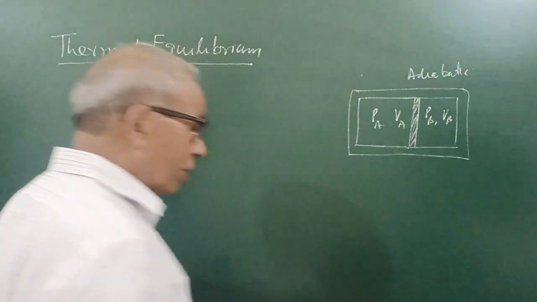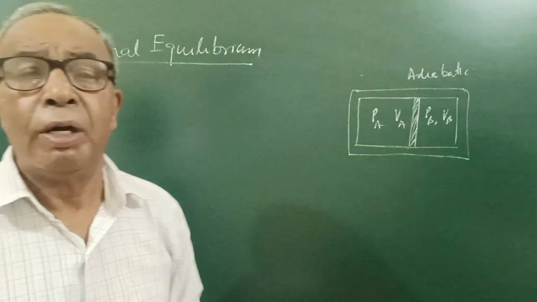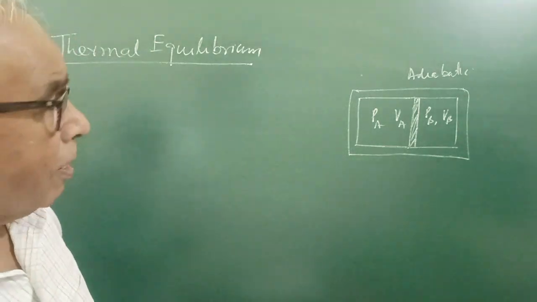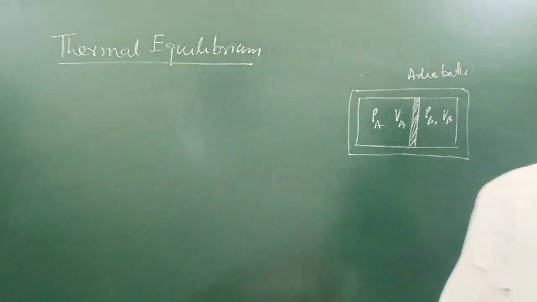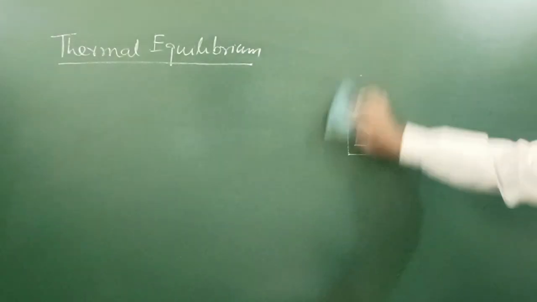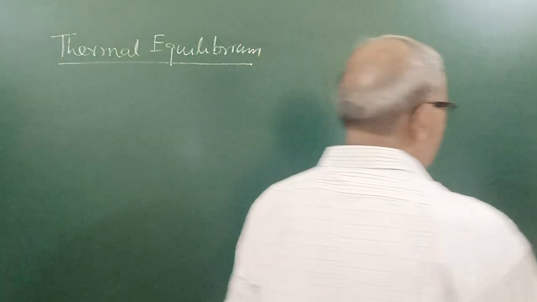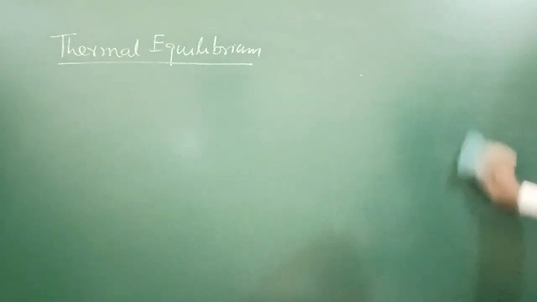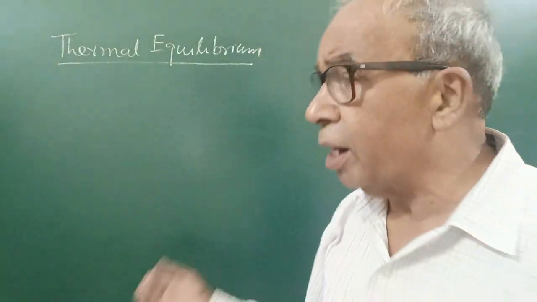So it is not sufficient to say that if two bodies are at different temperatures and are put in thermal contact, and after some time heat flow stops and both bodies come to thermal equilibrium. There are other variables.